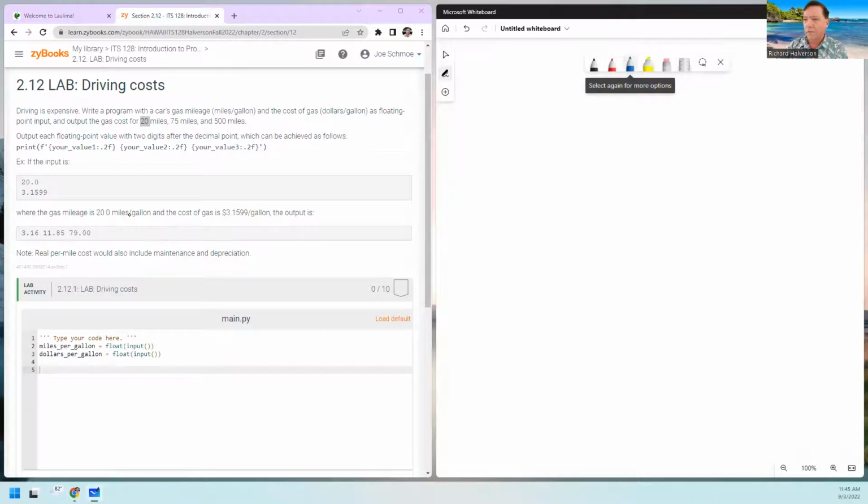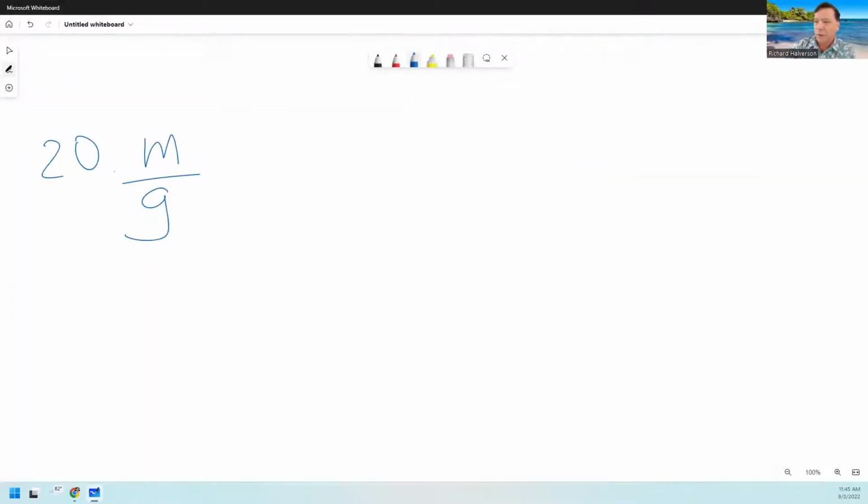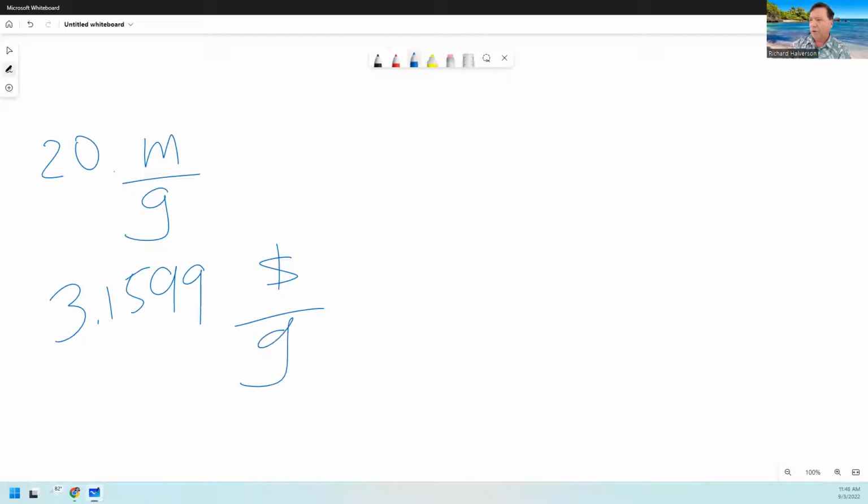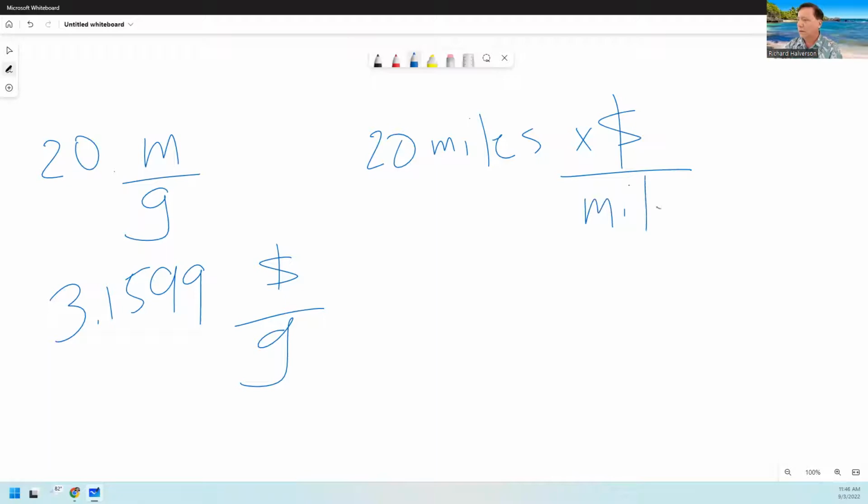We have 20 miles per gallon, and we have 3.15 whatever dollars per gallon. If we have 20 miles, we want to multiply that by something that is dollars per mile, so that the miles cancel and we end up with just dollars.